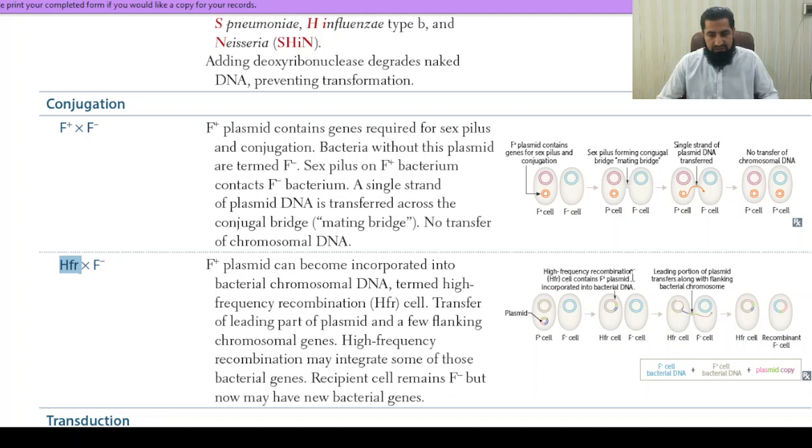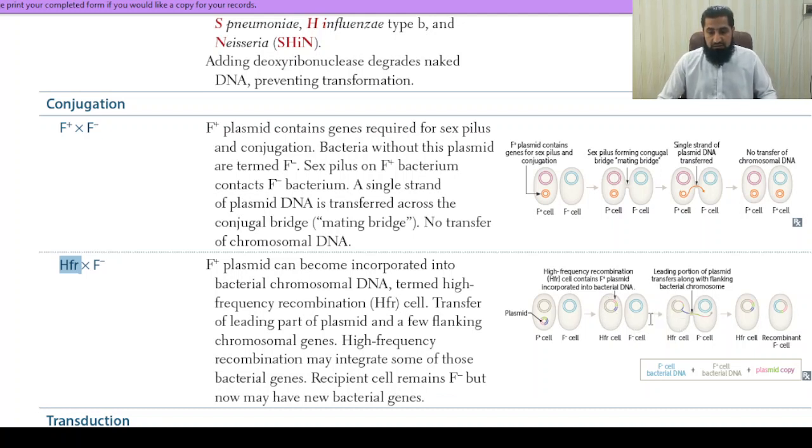High frequency recombination cells contain the F positive plasmid incorporated into bacterial DNA, and this F positive cell converts into a high frequency recombination cell.